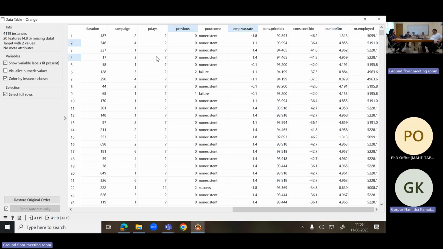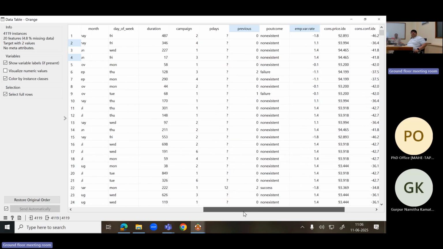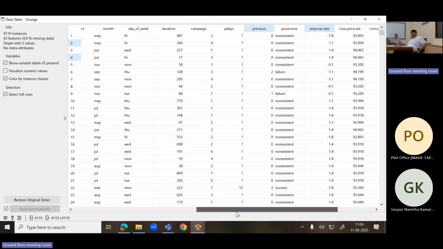I get that, but let's say the first customer, why is it 1.313, and for the second customer it is 4.855? We can make a connection with the month and day of that particular call. For example, the first two are both May, Friday, so what is different?